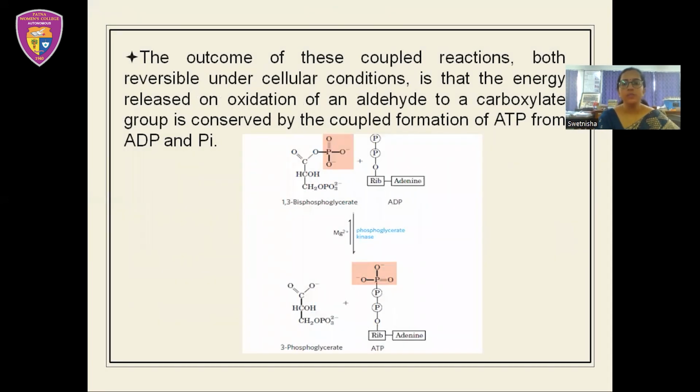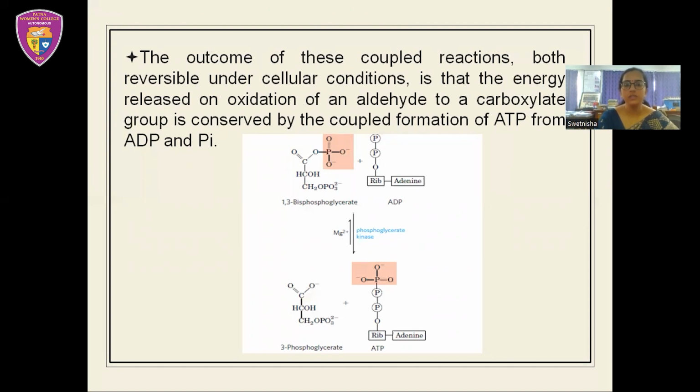So the outcome of these coupled reactions, both reversible under cellular conditions, is that the energy released in oxidation of an aldehyde to a carboxylate group is then conserved by the formation of ATP. Here you can see in this diagram also, the molecule of 1,3-bisphosphoglycerate is combined with ADP.